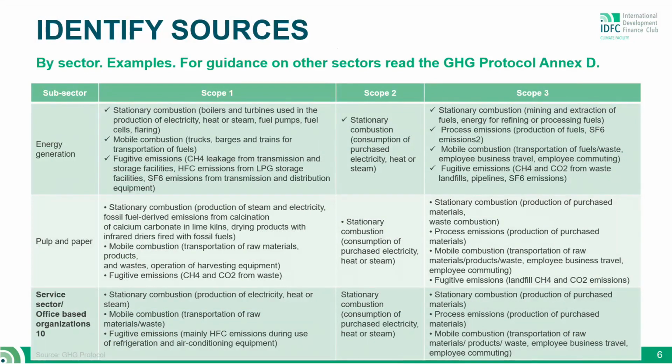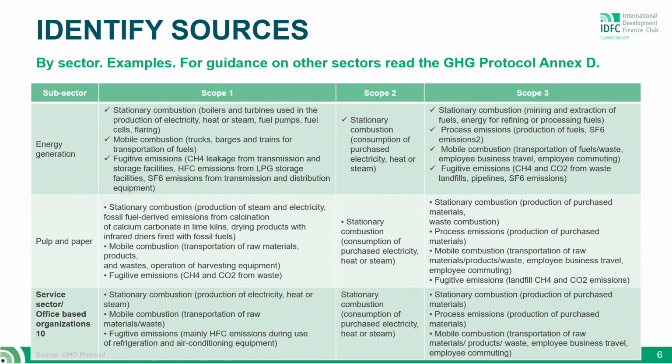In Annex D, you will find a lot of guidance on the sectors. So if you have a company from a given sector, you can actually go to Annex D. The annex is much longer than that. I just copied half of a page from the annex to show you how it's constructed.